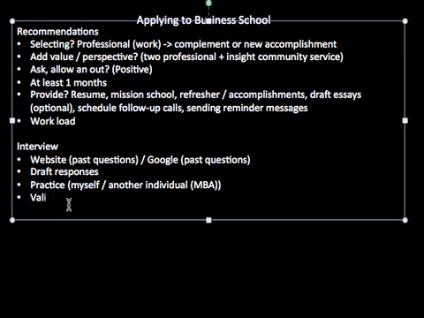Usually what they're doing is validating what is in the application. They're looking to see if your characteristics align with the mission of the school, or I should probably say, more accurately, do you fit? Several schools pride themselves on building a network and a certain type of community.